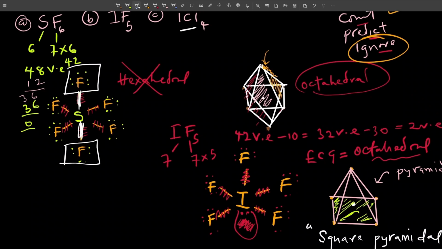But the bond angle between the other fluorine atoms is 90 here, 90 here, 90, 90, 90, 90. So the only one that's 180 is these two fluorines, which are axial to each other, while the other fluorides are all at 90 degrees to each other.